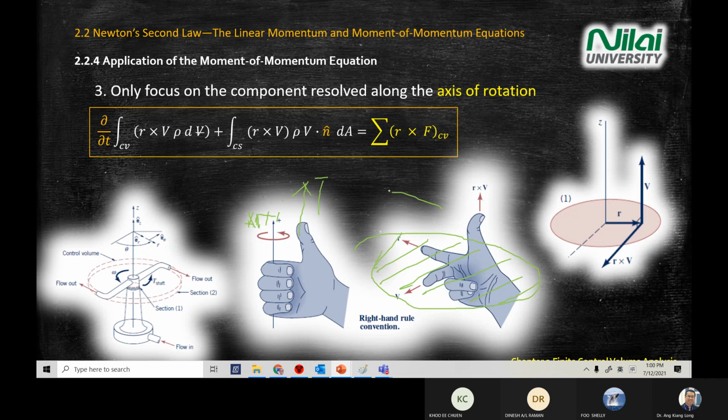So from here, you can calculate the V cross R, and it will give you this one. Try to understand this concept, then you can do any question for this chapter. Okay, it must refer to the same plane. Anything that you cannot imagine with your right hand rule, then it becomes 0.